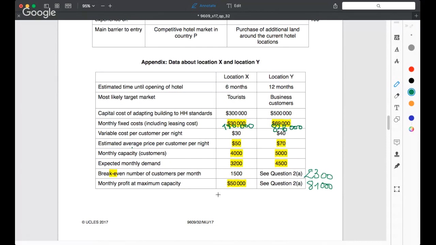And also because business is all year round, and we don't know whether tourism is just a summer thing or if it's going to happen all the time. So you have to consider seasonal demand as well.